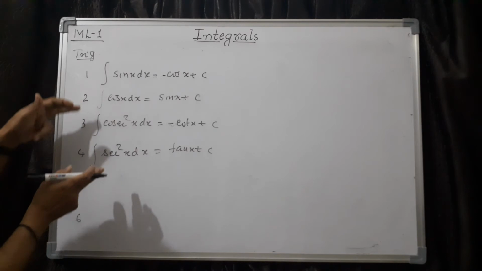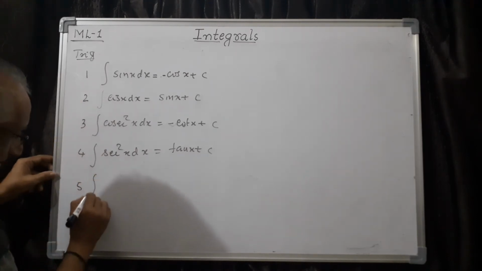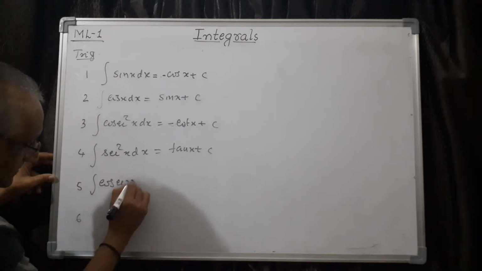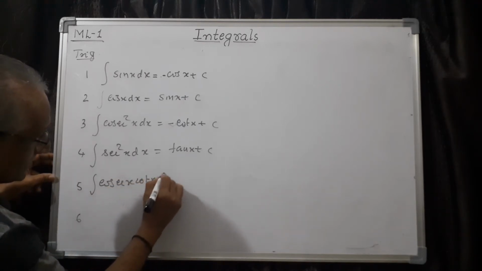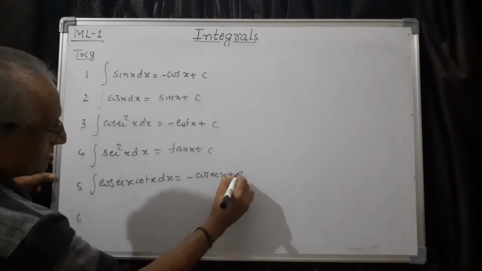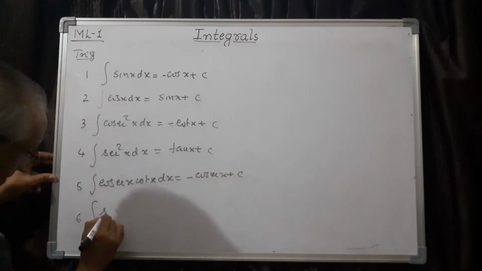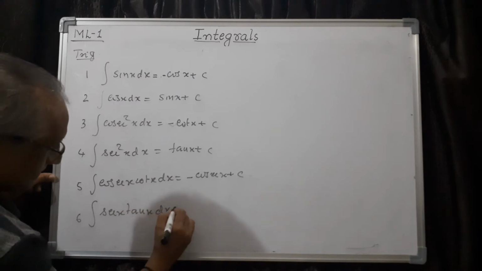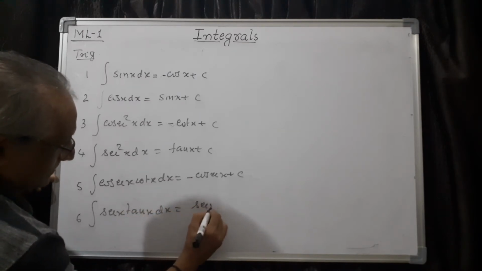Therefore, you have to remember these formulas. Then the integration of the next one, cosecant x cot x dx, is minus cosecant x plus c. And the last one, secant x tan x dx, is secant x plus c.